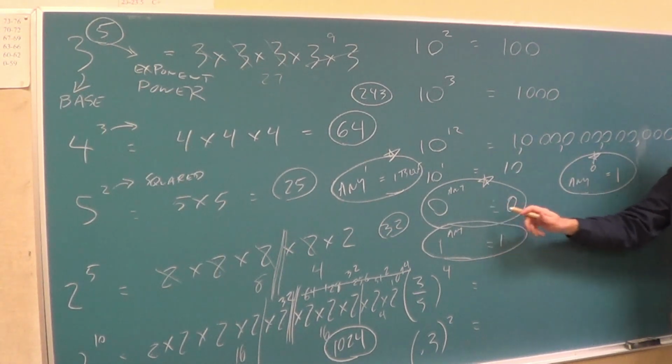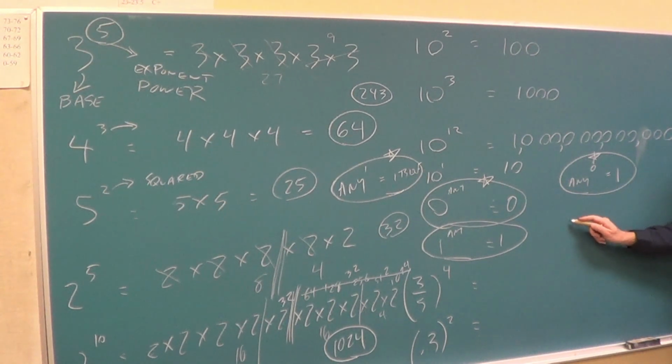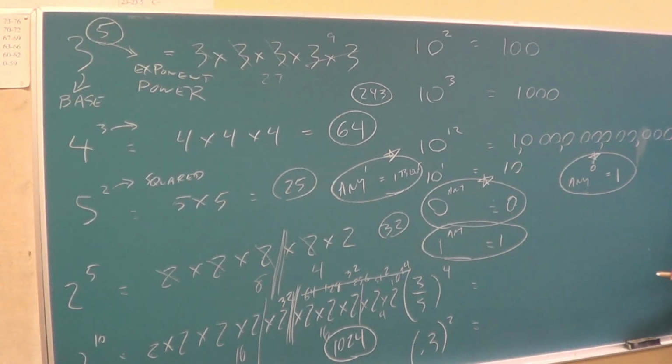What oddball problem would these rules have an argument about? 0 to any power is supposed to be 0. That's supposed to be a rule, and it pretty much is. Anything to a 0 power is supposed to be 1. That's a rule. It pretty much is. But there's an argument between the rules.